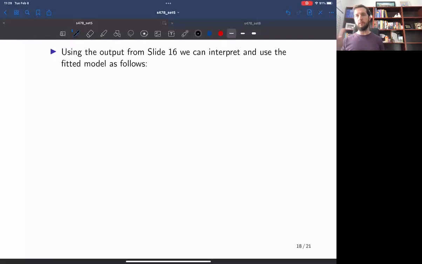We're going to talk about model evaluation based off of what has been outputted, and we're going to talk about interpretation and utilization of the model based off what has been outputted. I think that the natural place to start is with using the model.